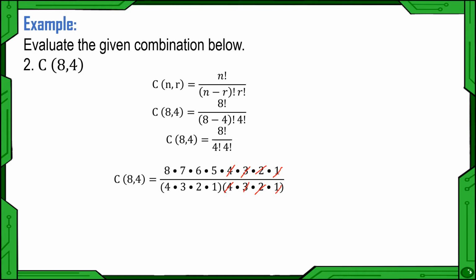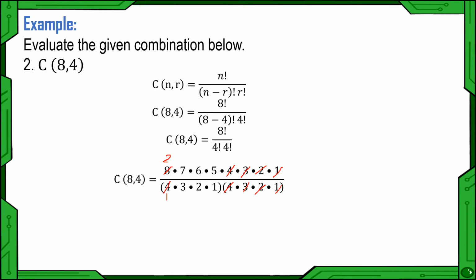And just notice the remaining numbers in our numerator and our denominator. You will notice here that we can divide 8 and 4. It is divisible by 4, so 8 divided by 4 is 2, and 4 divided by 4 is 1. Okay, very good.